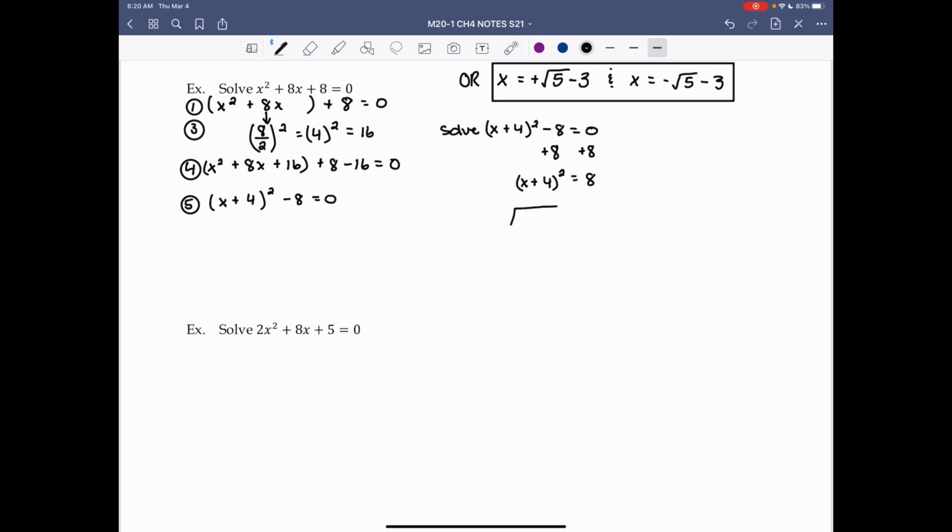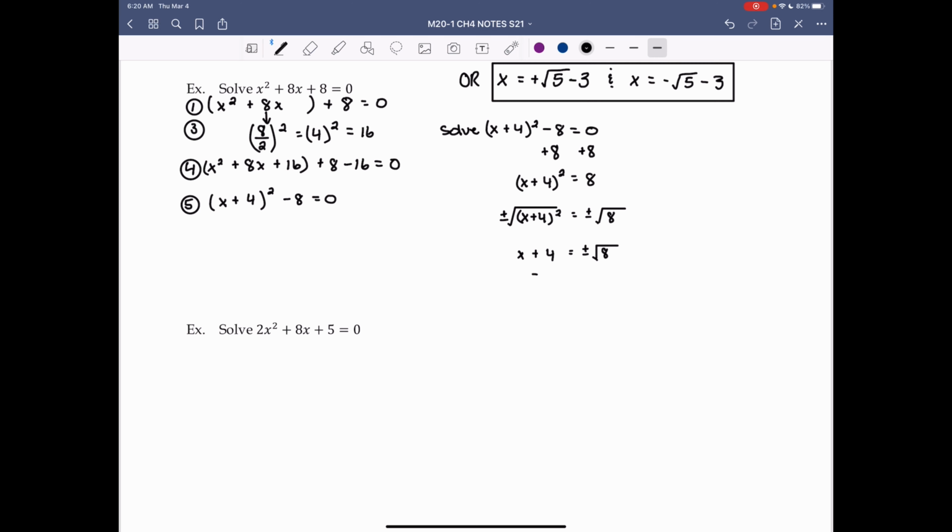But again, because we don't know if x plus 4 started as a positive or a negative, we have to do plus minus the square root on both sides. Then on the left, we can get rid of the square and the square root. We're left with x plus 4 equals plus minus square root of 8.